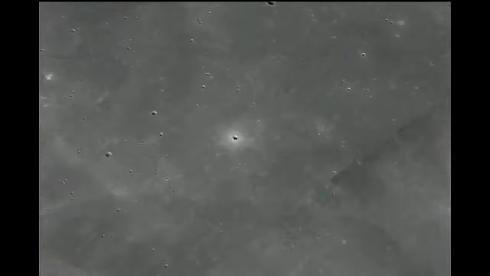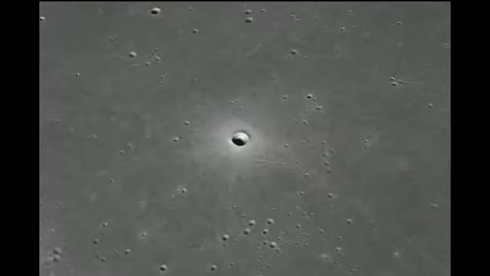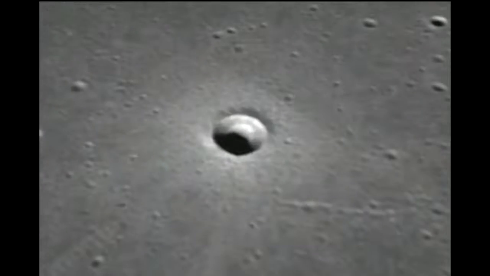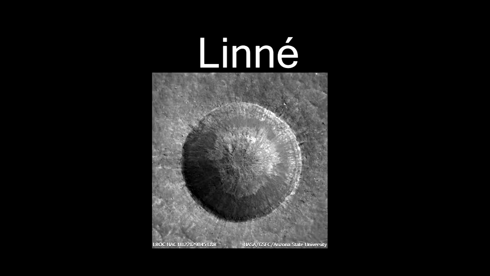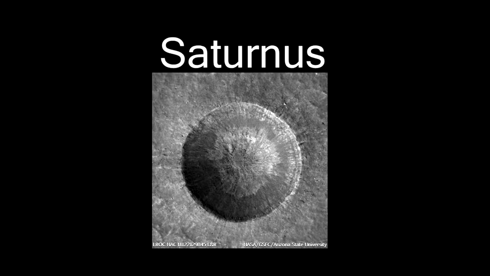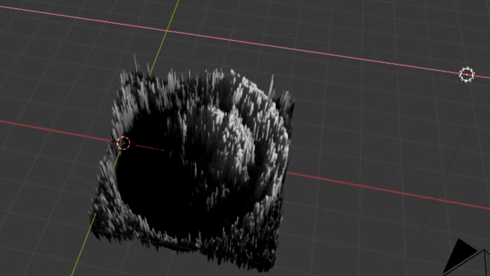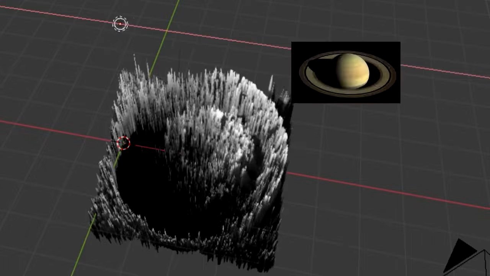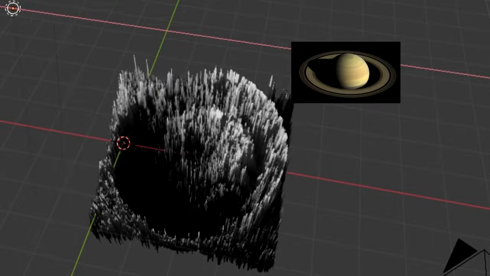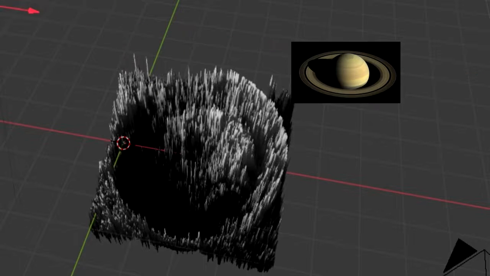For people who saw my video about Atlantis, they know that the reflection in crater Linné is reflected in the firmament as Saturn. Let's make a 3D picture of the crater and move the sunlight. And then you see it's a crater in a crater in a crater.